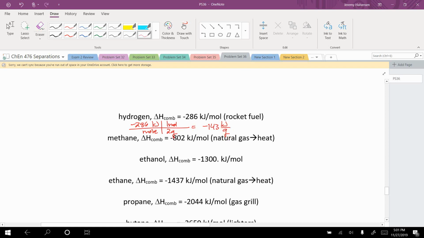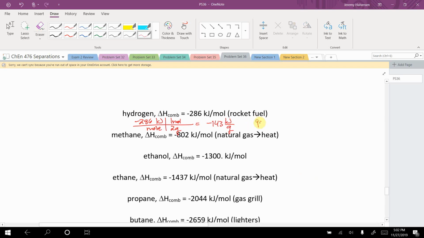But in real life, in industry, anytime you're burning a fuel, the delta H is going to be negative. And if you are a race car driver, you don't care about the direction of the heat flow, so fuel values are almost exclusively written as positive values. So I'm just going to write 143 kilojoules per gram.